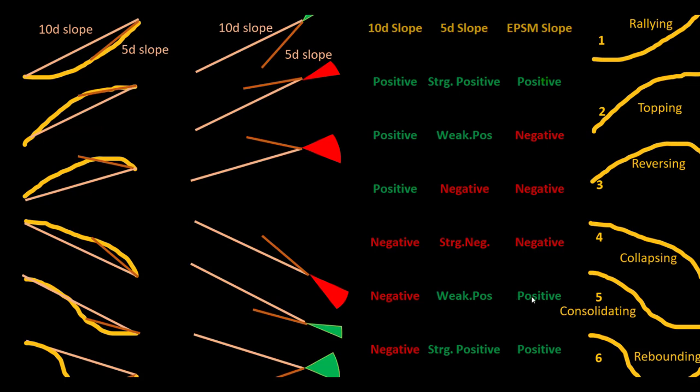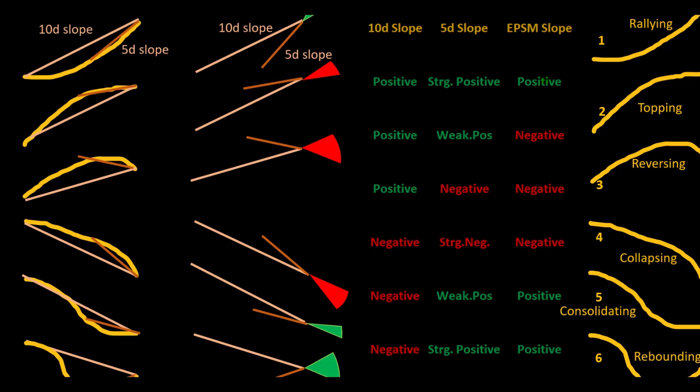And that generates a positive EPSM slope, positive difference between the two. Or I want a scenario where the stock goes down strongly, but then rebounds in the last 5 days very strongly, right? So in this case, I have a positive EPSM slope going higher up. I'm rebounding here, okay? So this should be very useful for you to use.